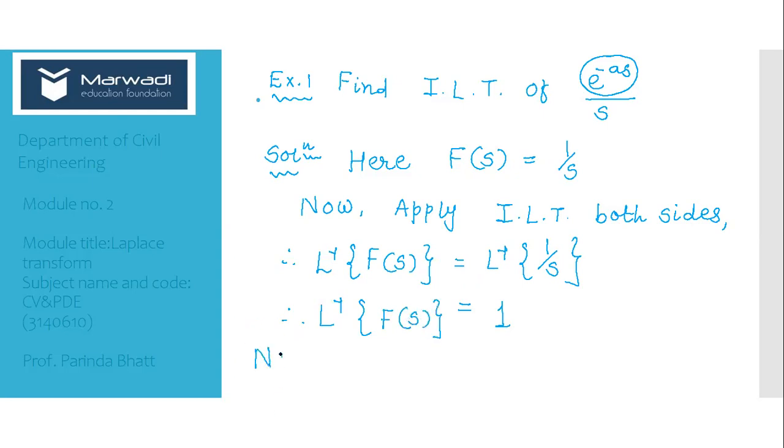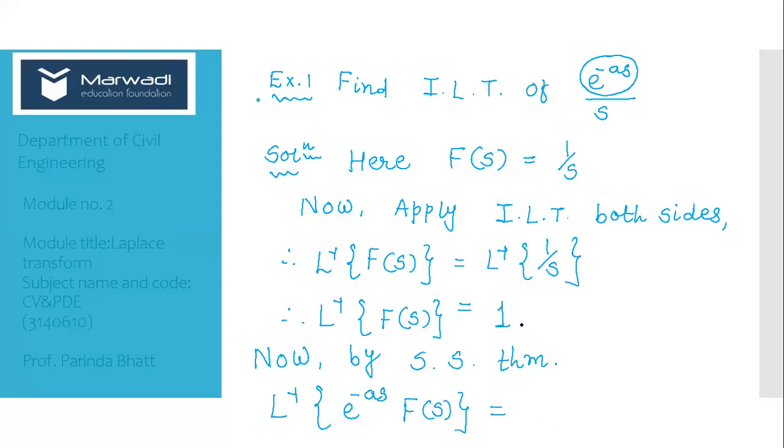Now, by the second shifting theorem, when the term e raised to minus as is multiplied with F(s), what is the change on the right hand side? In place of f(t), we have to write f(t minus a).